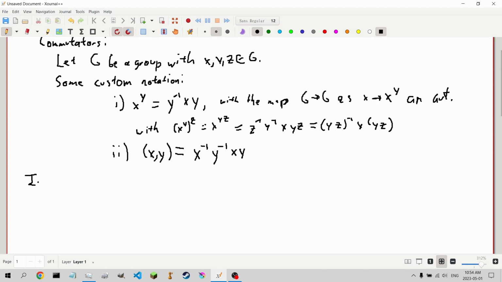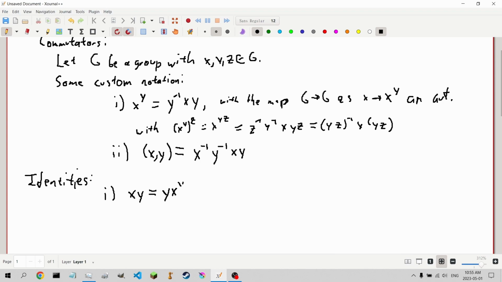So we can generate a few identities with these. First off, we have that x times y is just y x to the y.